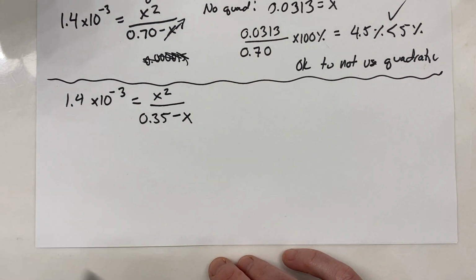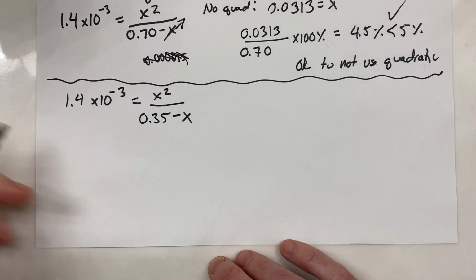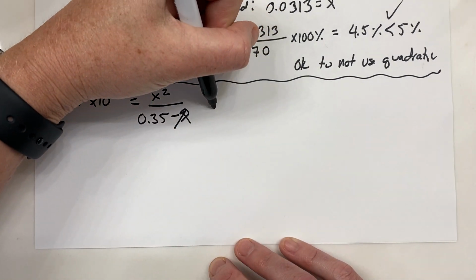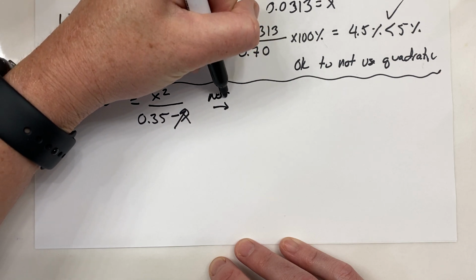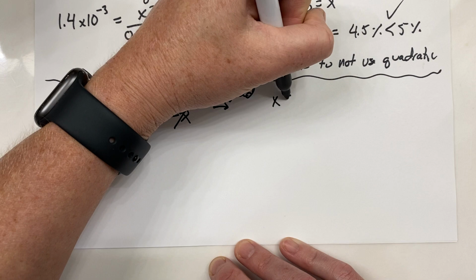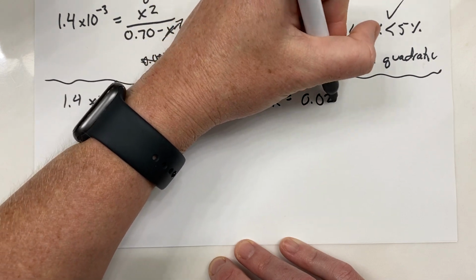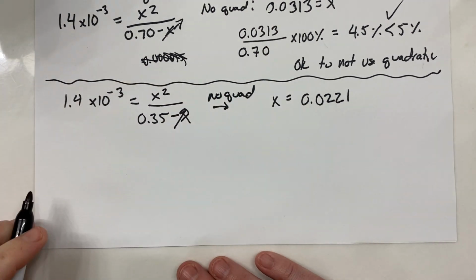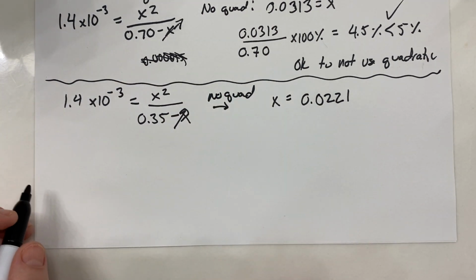All right, so let's say we don't have a feel for it. We want to solve it the simple way. We solve it the simple way. We make that go to 0. And then if that's the case with no quadratic, assuming it's a 0, you find out that x is equal to 0.0221. Of course, I would end up having 2 sig figs, but let's use some extra ones for the calculation.